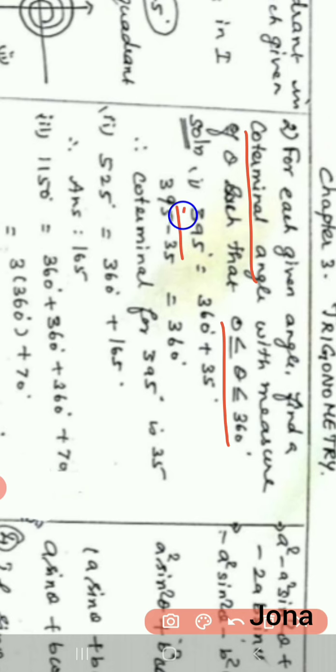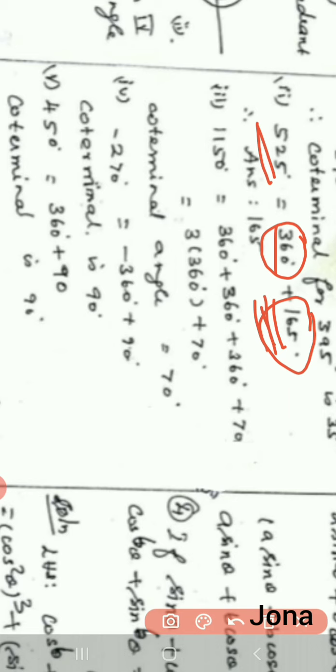So 395 is nothing but 360 degree plus 35 degree. So the coterminal angle for 395 degree is 35 degree. Look at the second problem now. The second problem is 525, isn't it? How many 360 is there?